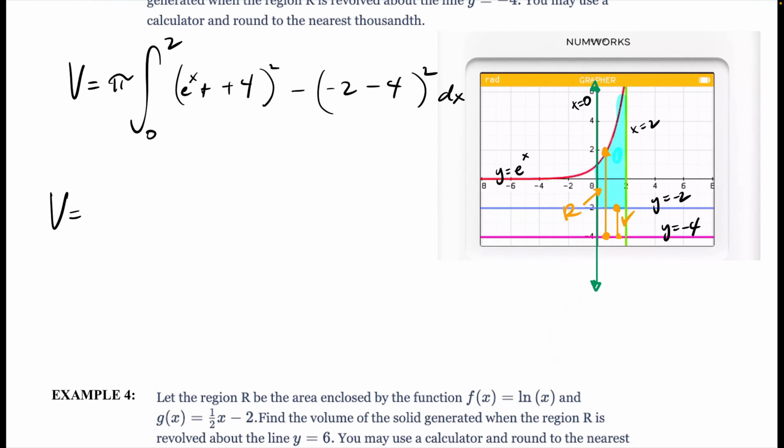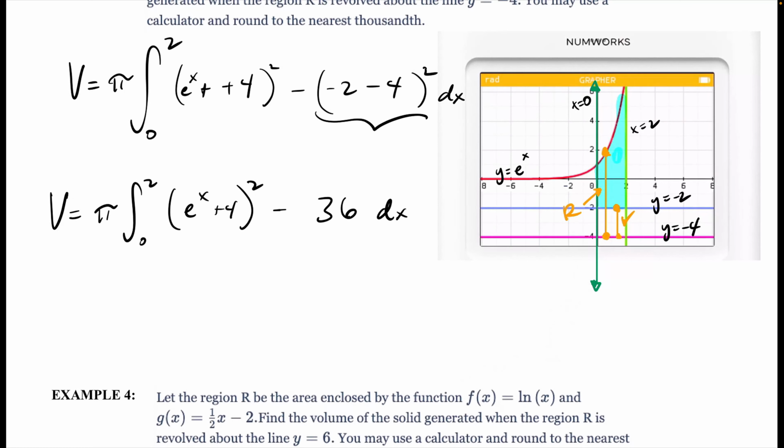Simplify. The first one you can't really simplify besides making them addition, so I would just leave it at e to the x plus 4 squared. The other one you can. It's just going to be 36, because it's going to be -6 squared, which is positive 36.